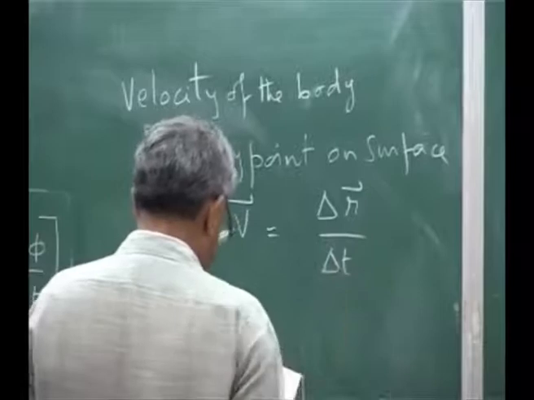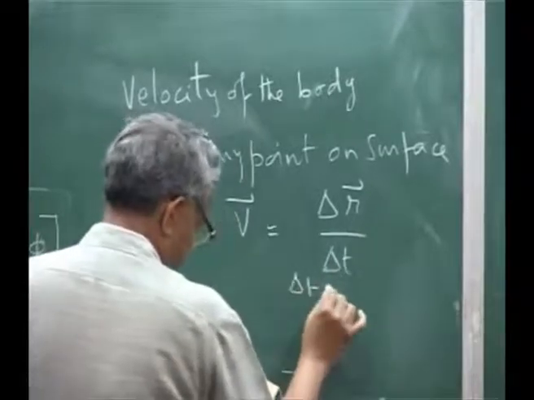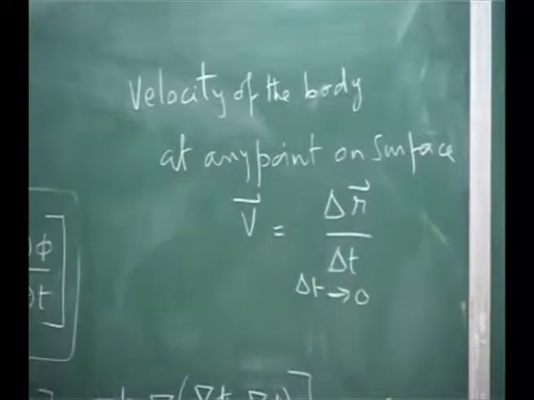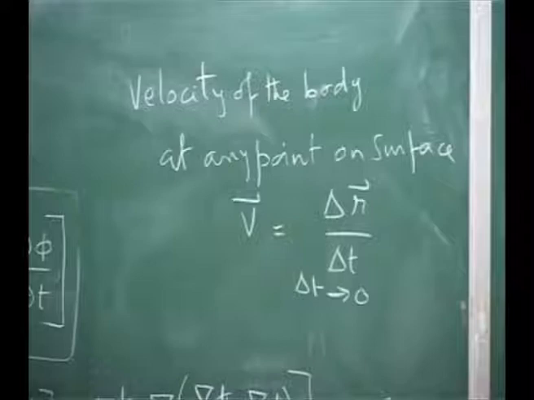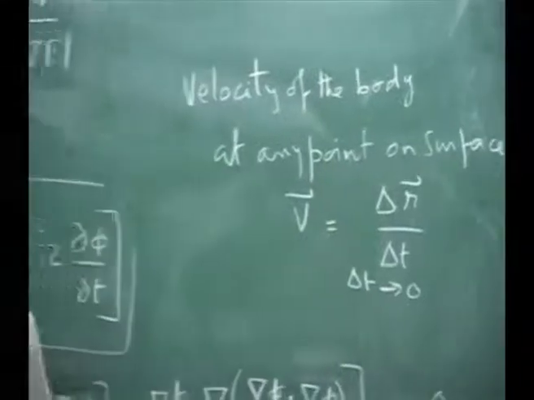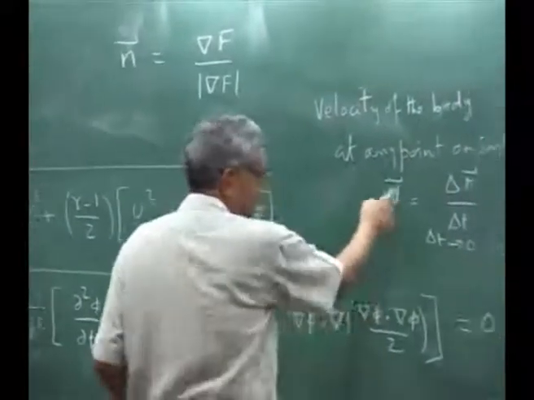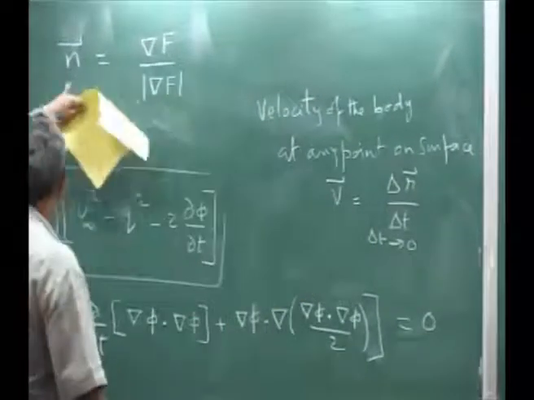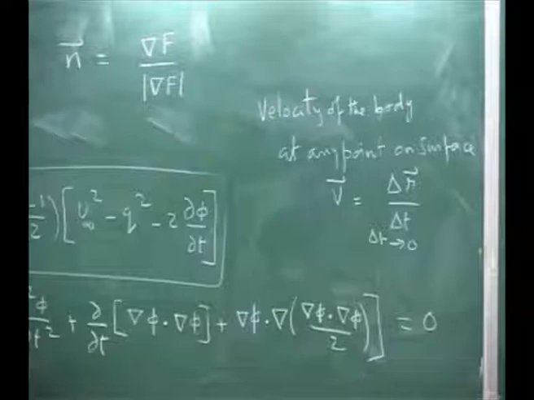Delta R by delta T, as delta T tends to 0. That is the velocity of the body. What is the normal velocity of the body? You know the velocity of the body is delta R by delta T. You take the dot product of that with the normal, you will get V dot N.